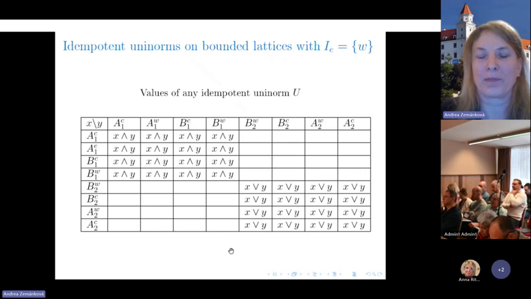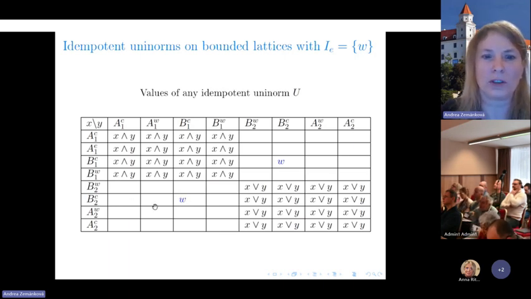What can we tell more? Associativity and monotonicity imply that the value W can be obtained if and only if both inputs belong to the set BC and they are from opposite parts.